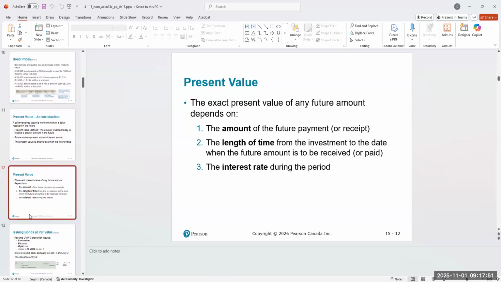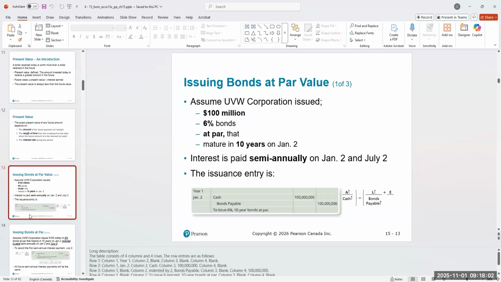So what's important for us? The amount of the future payments, the length of time of the investment, and the interest rate during the period. Let's say the bonds are issued for $100 million with a coupon rate, or interest rate, attached to the bond of 6%, at par.